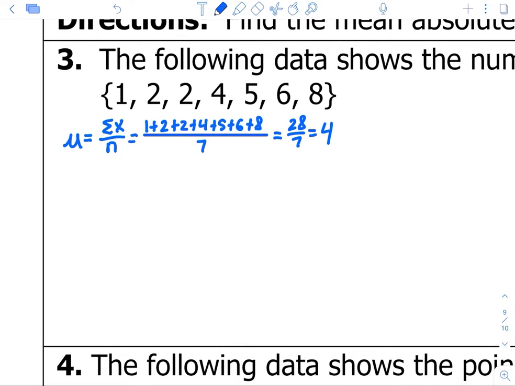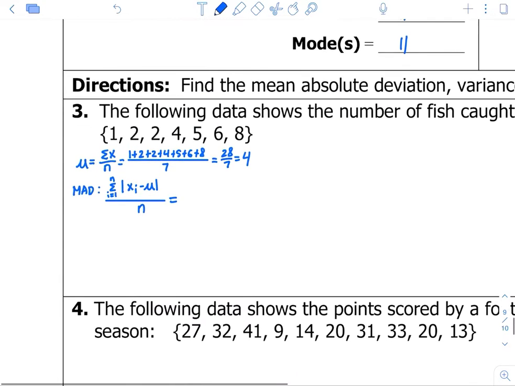Now we're going to get into the equations. In order to find your mean absolute deviation, it is the sum from i equals 1 all the way to n of the absolute value of xi minus mu, which is your mean, all over n.